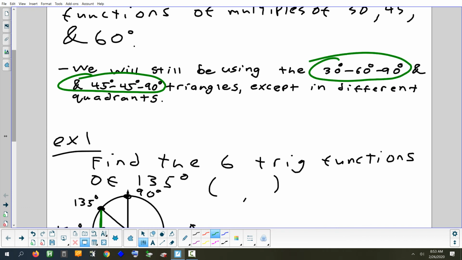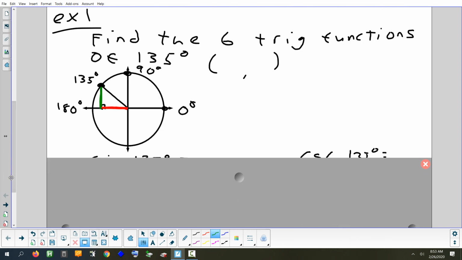And we already know how long all the sides are in both of those triangles. That's what we did yesterday. So that triangle that I have right here, do you think that's the 45-45 or the 30-60? 45-45. Yeah, it's the 45-45. And if you're not sure why, look at 135 and ask yourself, what do you add to 90 to get to 135?